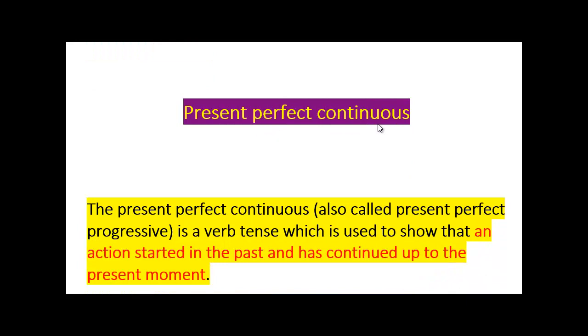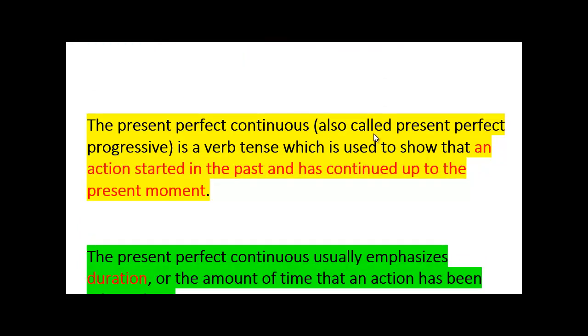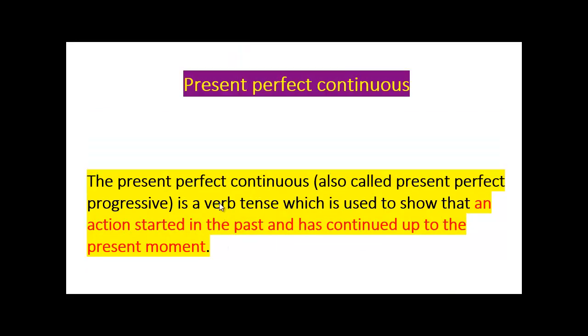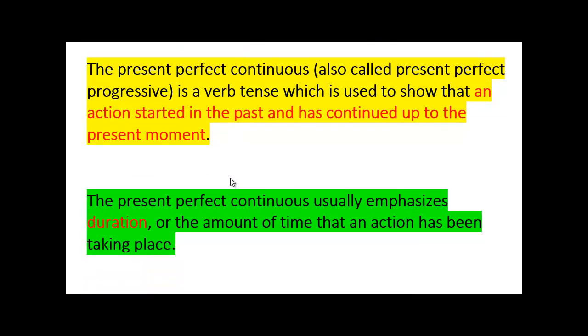Now, the present perfect continuous, we call it sometimes progressive, is a verb tense which is used to show that an action started in the past and has continued up to the present moment. Something started in the past and continued to the present moment.